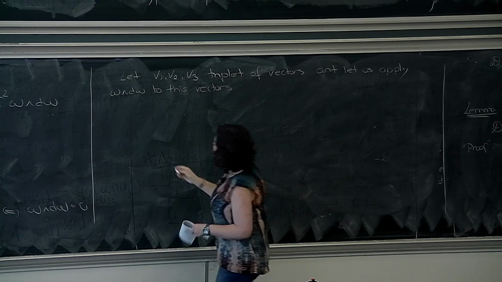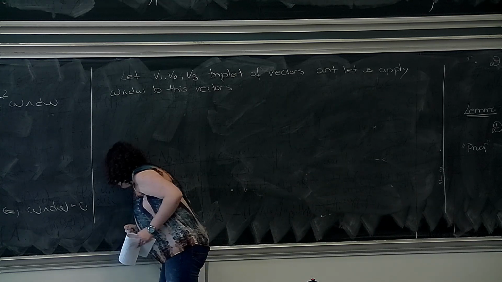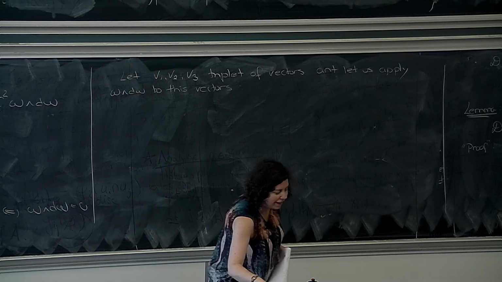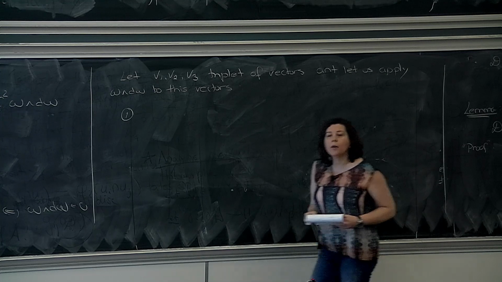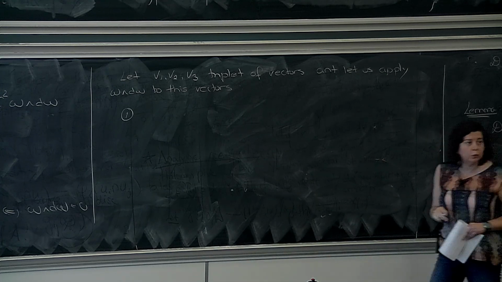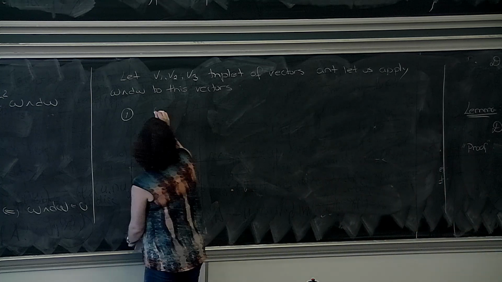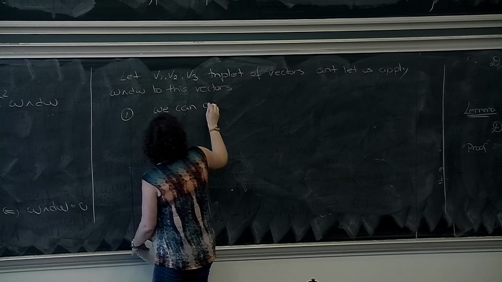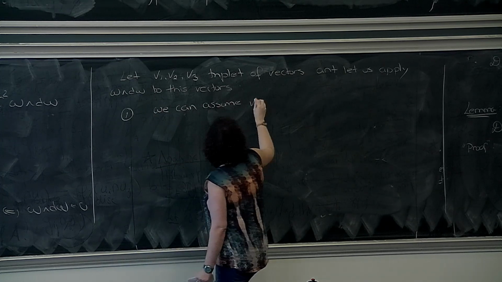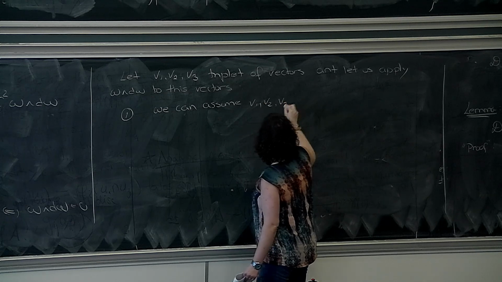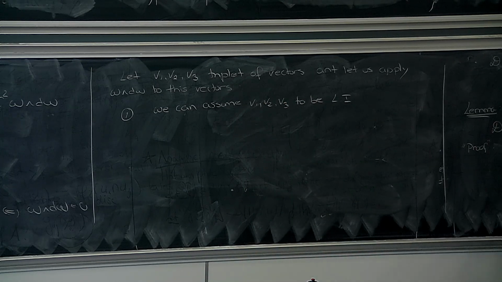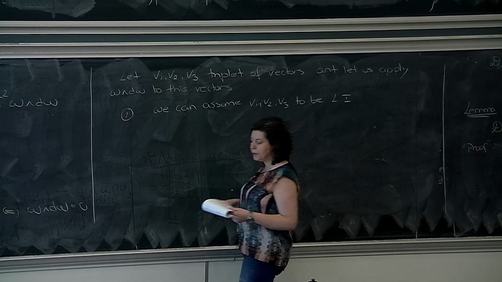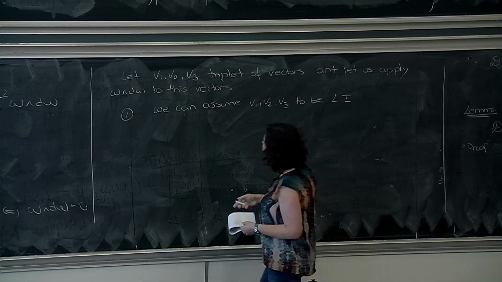Okay, so the first thing that I can say, we can assume that V1, V2, and V3 are linearly independent. Otherwise, W dw at these points would be 0.